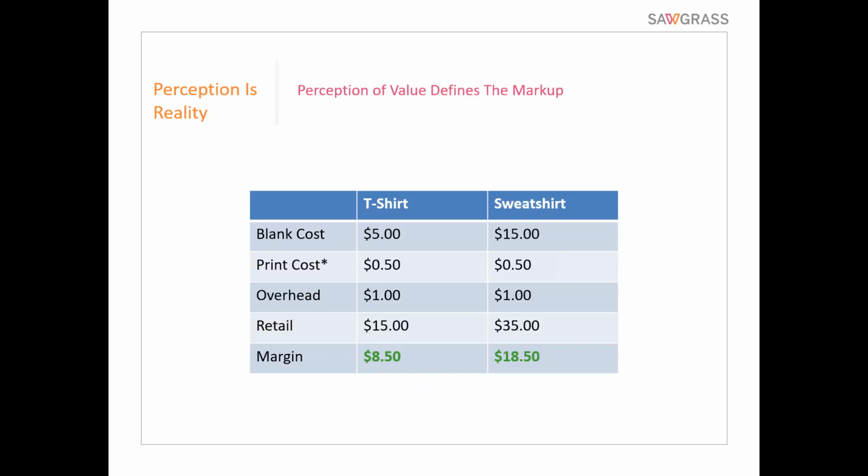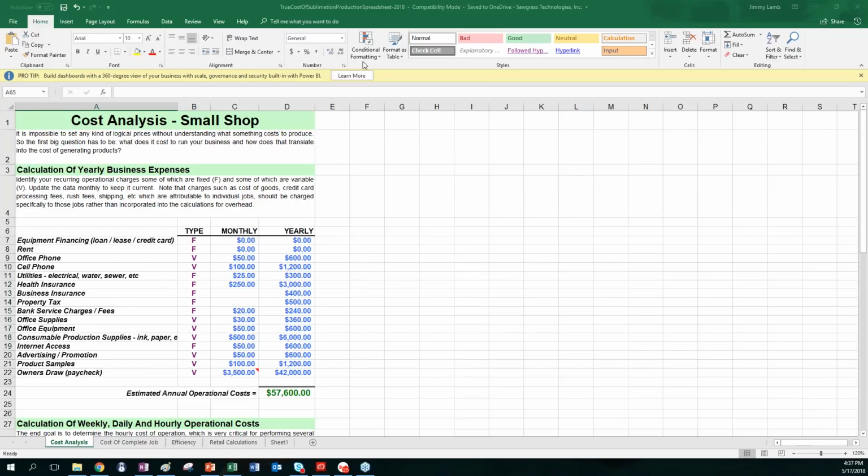Examples in that are: are you presenting the product as if it's at a flea market or an upscale boutique? And then overarching is: is this product being sold into a retail environment, or is it going to be sold for wholesale? So for instance, you could partner with the local pet groomer to produce photos of pets on products for people, which is of course one of my favorite items.